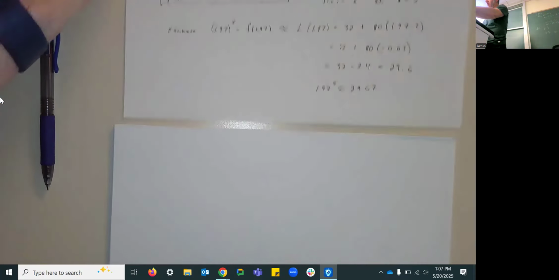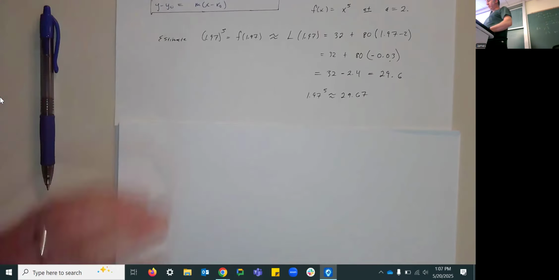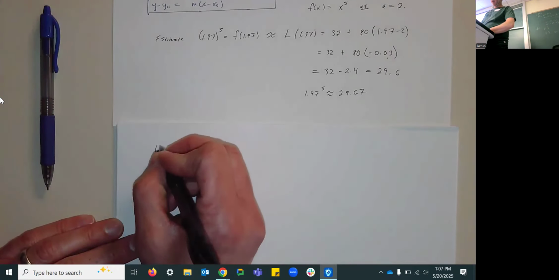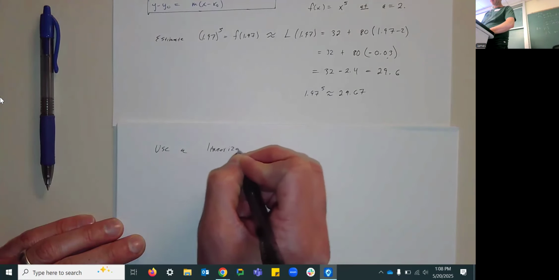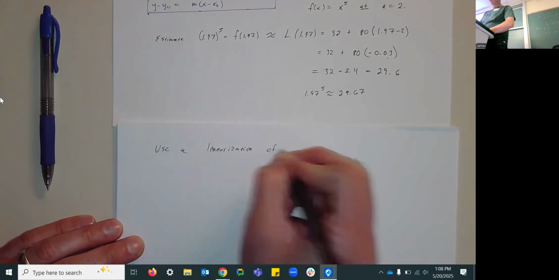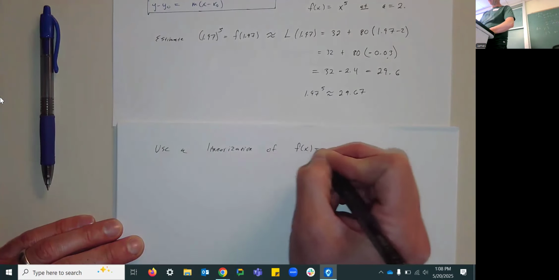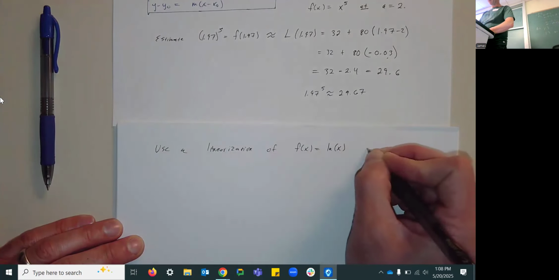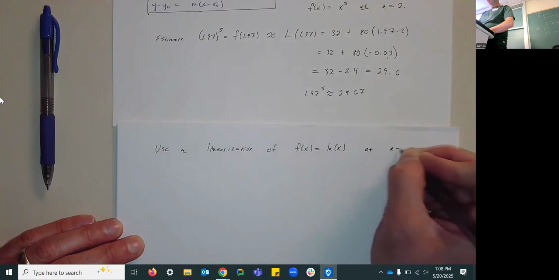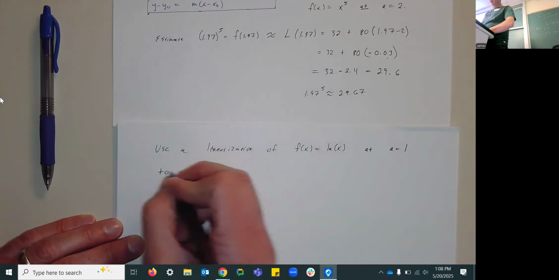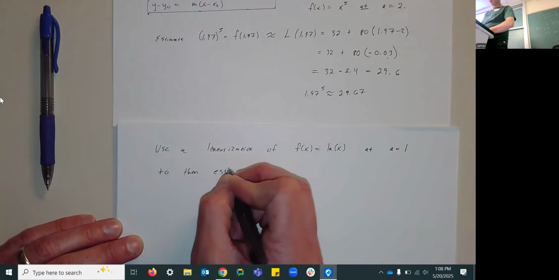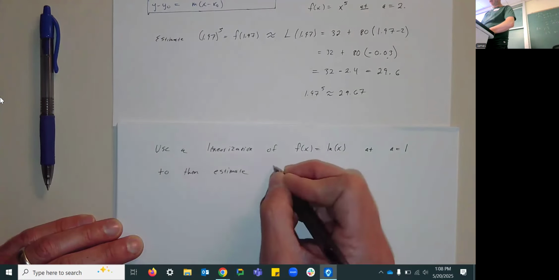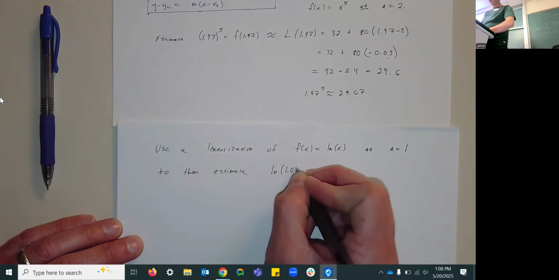So why don't you all try this one actually? I want you to use a linearization of f of x equal to the natural log of x at a equal to 1 to then estimate the natural log of 1.04.